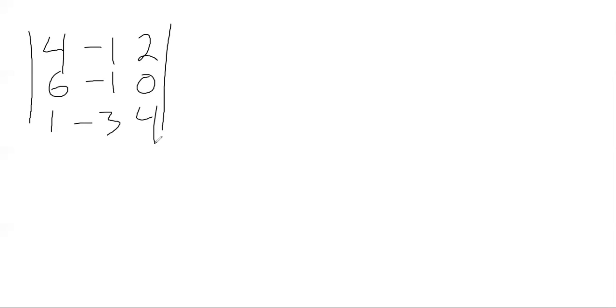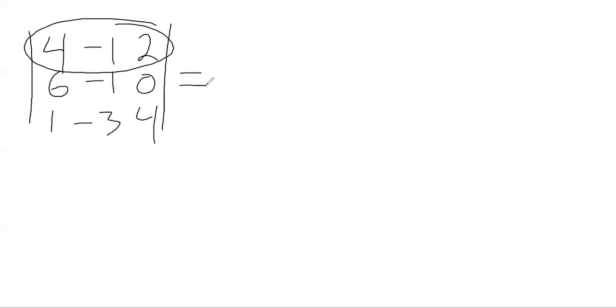The way we can evaluate a 3 by 3 determinant is by breaking it up into a series of smaller 2 by 2 determinants. And what we want to do is choose either the first row or the first column of numbers in our matrix to help us do that. I'm going to select the top row as the expanding row that I'm going to use in my determinant.